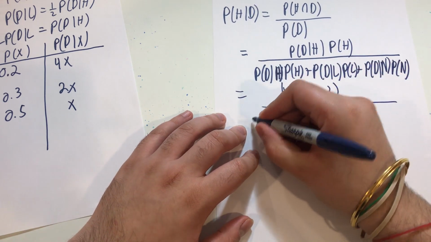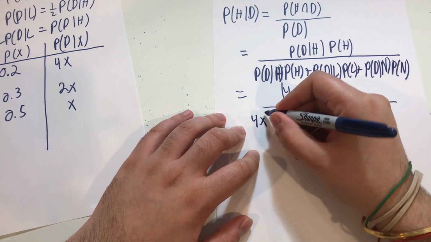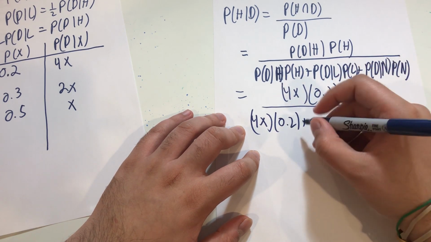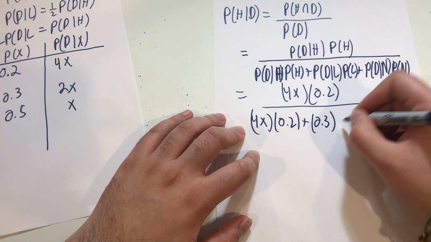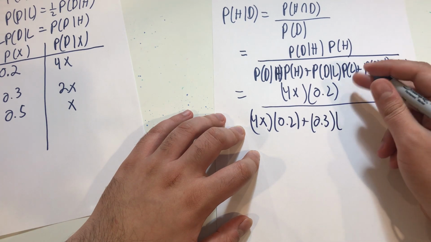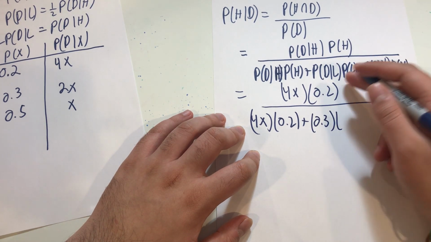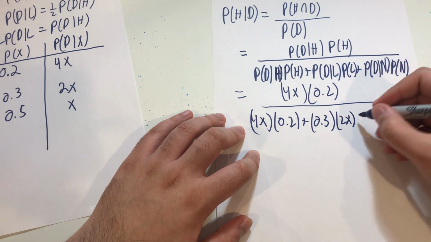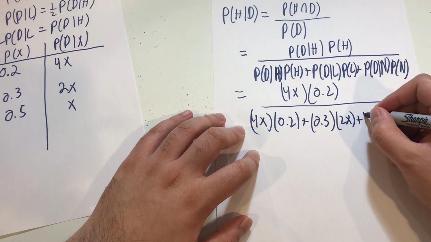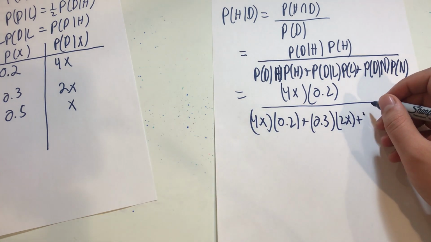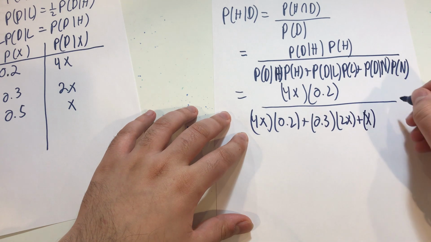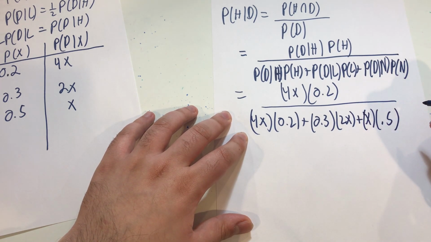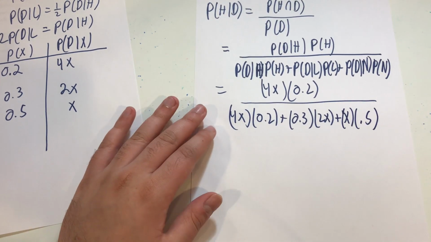Then my denominator is 4x times 0.2, plus the probability of dying given you're a light smoker, which is 2x, times the probability of being a light smoker, 0.3, plus the probability of dying given that you're a non-smoker, which is simply x, times the probability of being a non-smoker, which is 0.5.